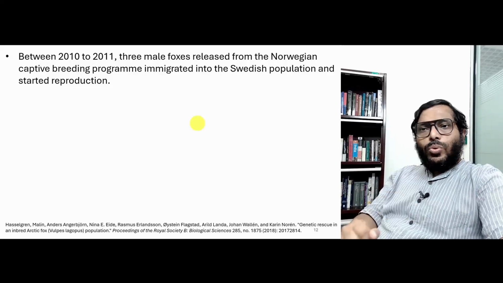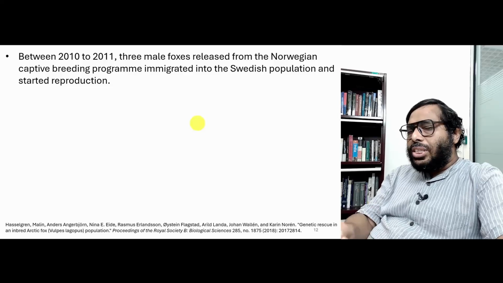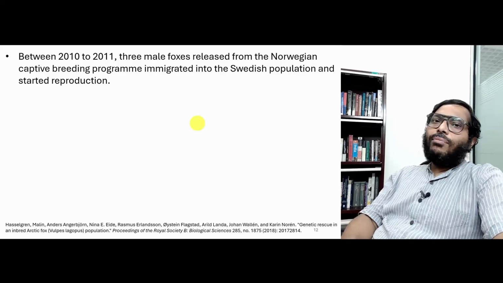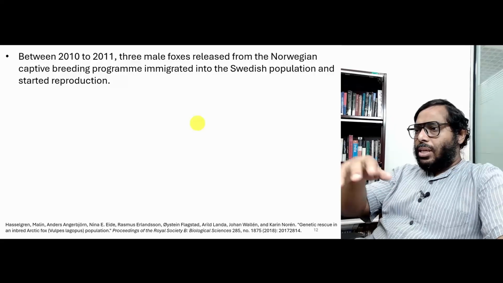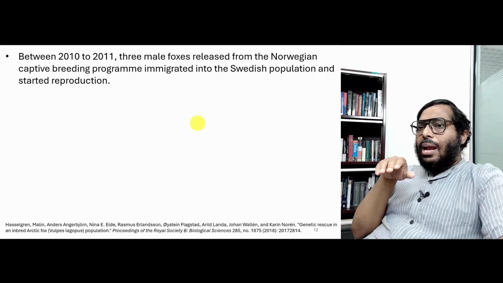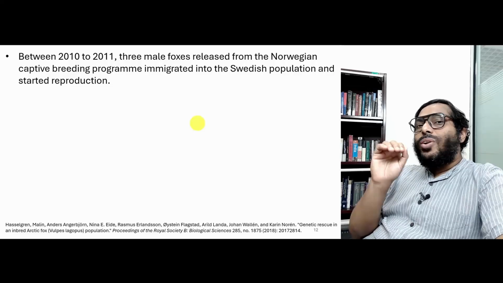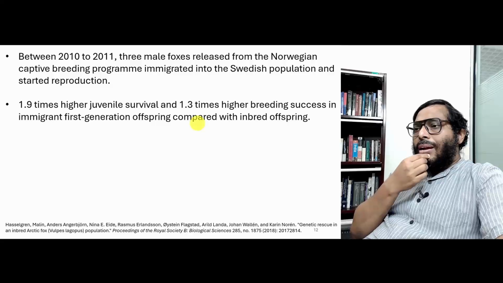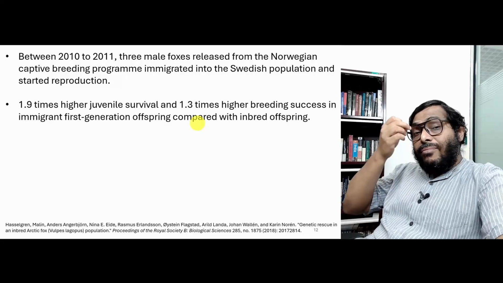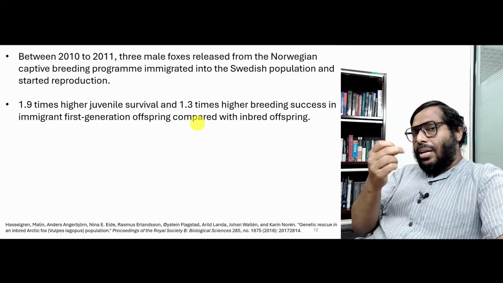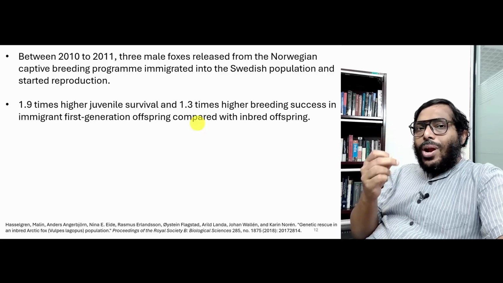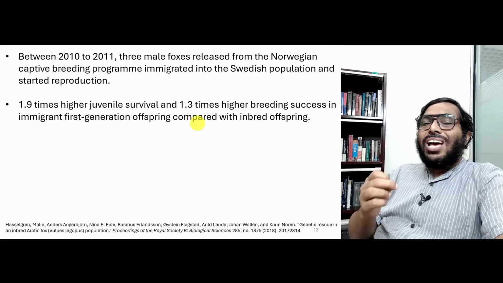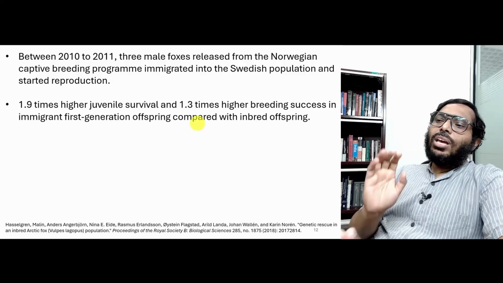So, between 2010 and 2011, there was a Norwegian captive breeding program from which they ended up releasing 3 male foxes, and these male foxes wandered around a bit in that area, and finally they immigrated into the Swedish population and started reproduction over there. It turns out that in the first generation offspring itself, there was 1.9 times higher juvenile survival and 1.3 times higher breeding success in the kids of the immigrants.